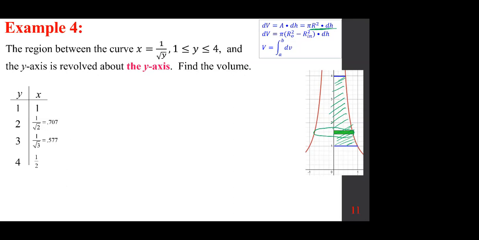Pi r squared h, that means we need to know the radius r. I hope you realize the radius is the x coordinate, so the radius is x or f of y. And the thickness is dy.